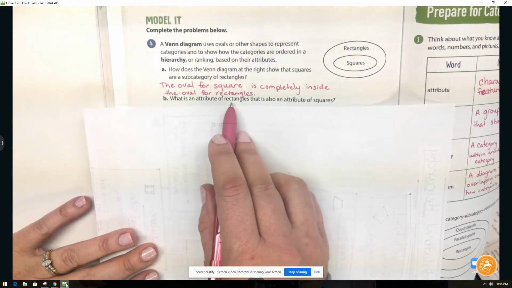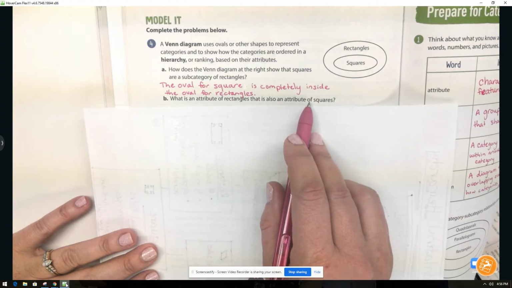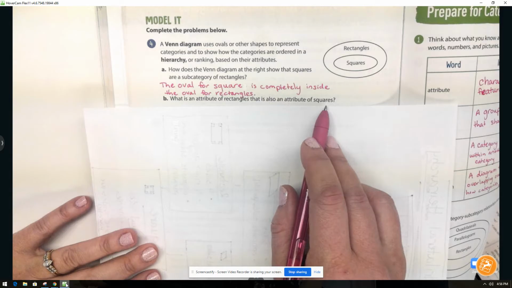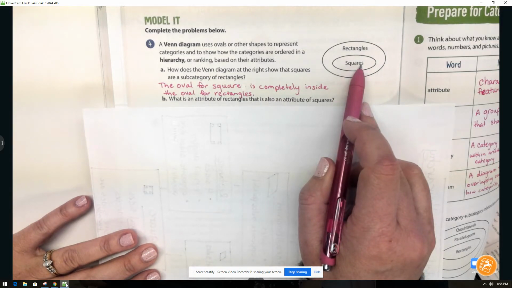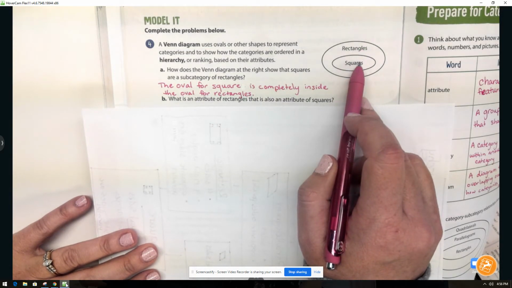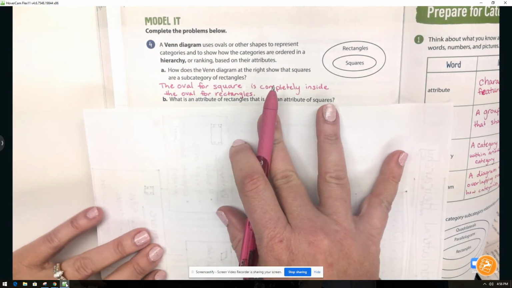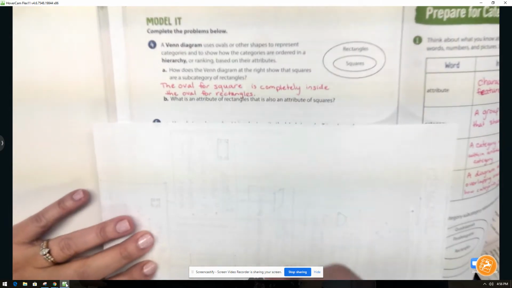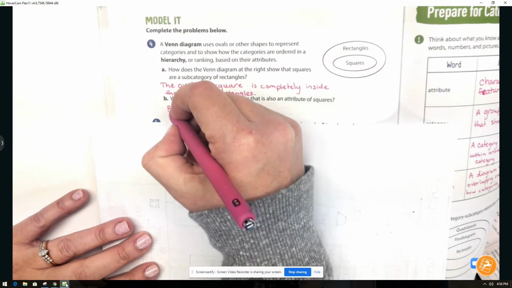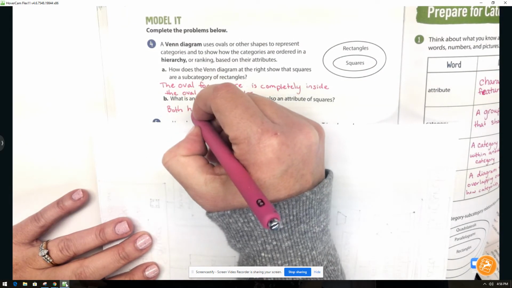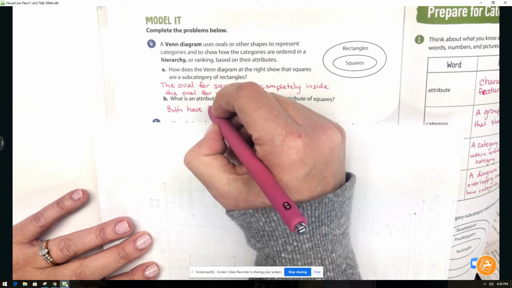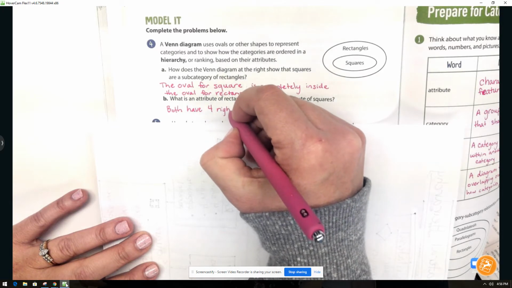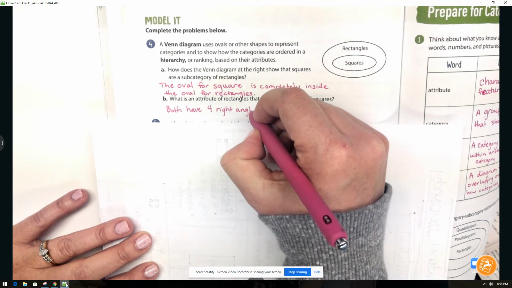What is an attribute of a rectangle that is also an attribute of squares? So what do we know about rectangles and squares that make them both, and what is an attribute that they both have? Well, we did that on the last page. We know they both have 4 right angles.